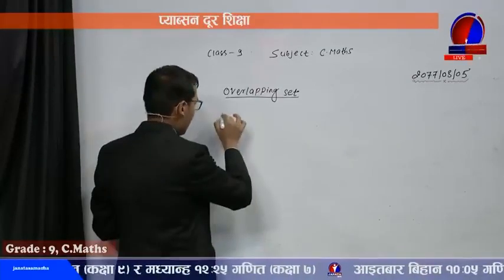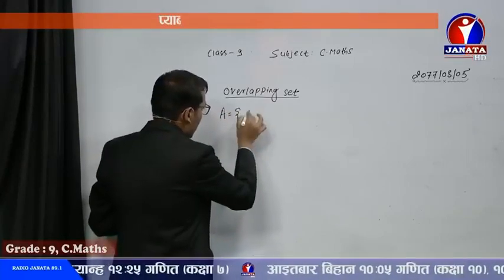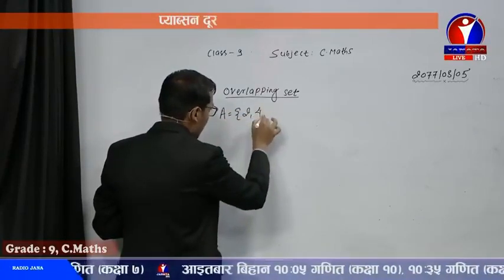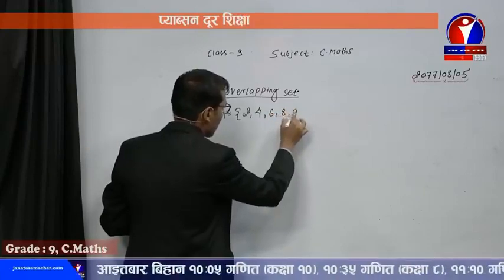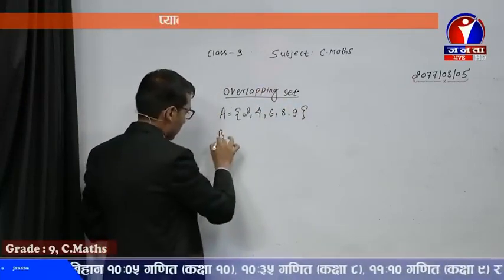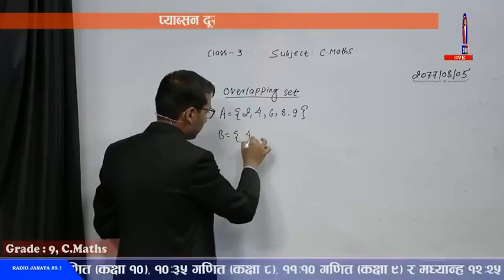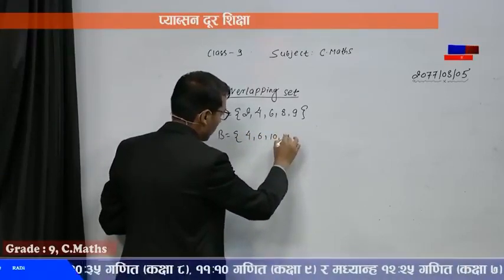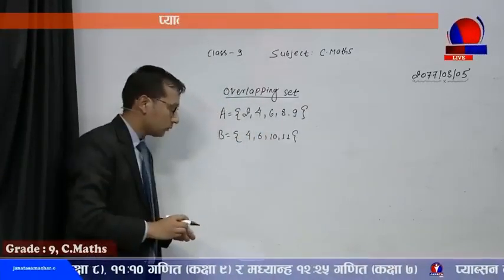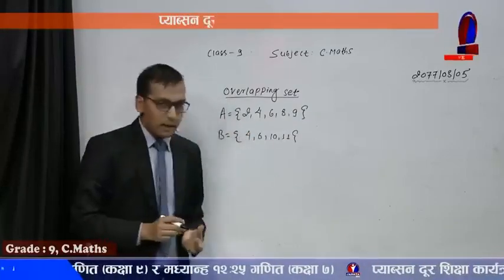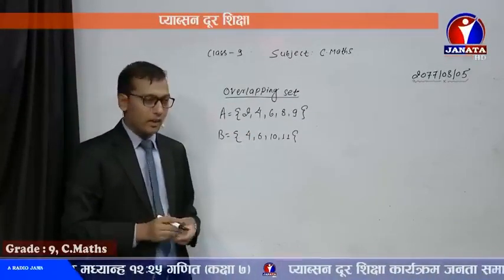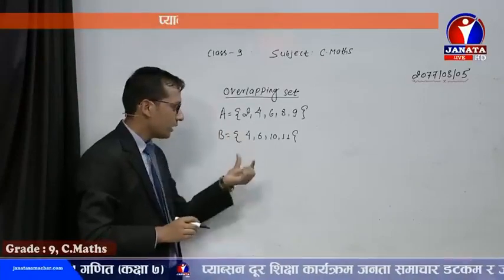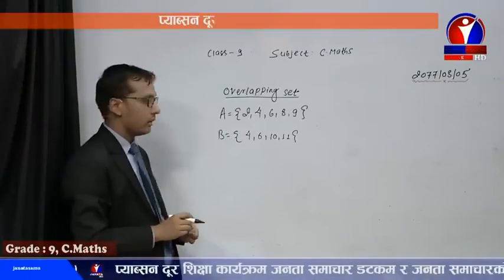Okay, let's take an example. Set A is 2, 4, 6, 8, 9. Can you just look at the examples and identify what are the common elements in the two sets A and B?